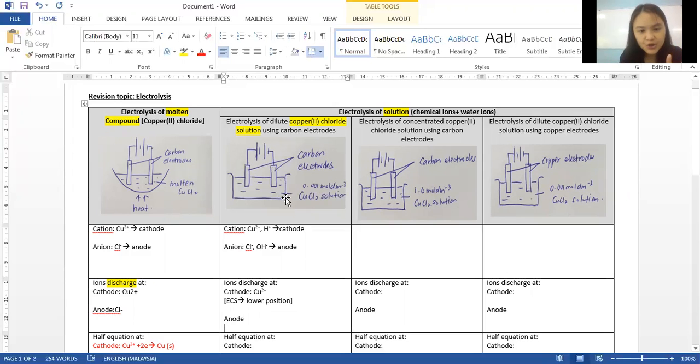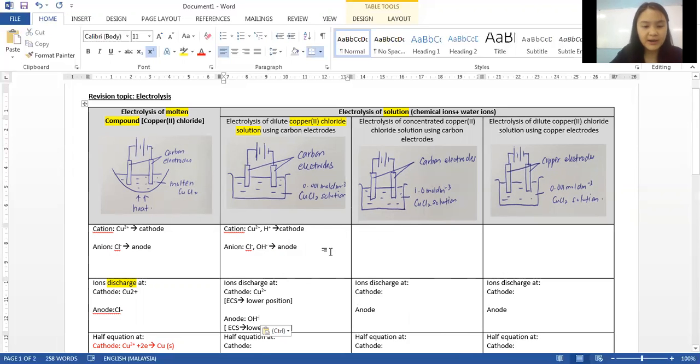If it's not type of electrode and not concentration, that means my anode is affected by, again, ECS. Once I've picked this factor, I follow the rule: pick the one with lower position. Cl- and OH- go to anode. Who has the lowest position? The answer is OH-. So this one will be picked to discharge at anode.